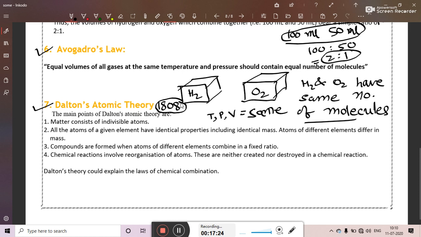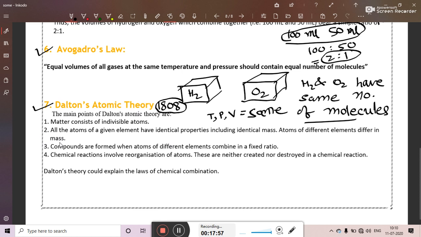So what are the main postulates of Dalton's atomic theory? The first postulate is matter consists of indivisible particles known as atoms. The second postulate is all the atoms of a given element have identical properties, including identical mass, and atoms of different elements differ in mass.